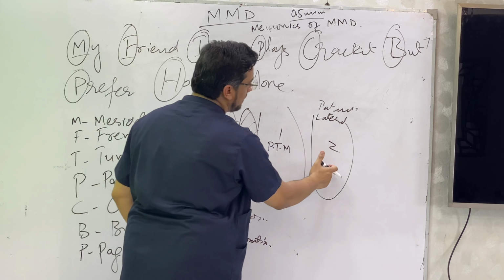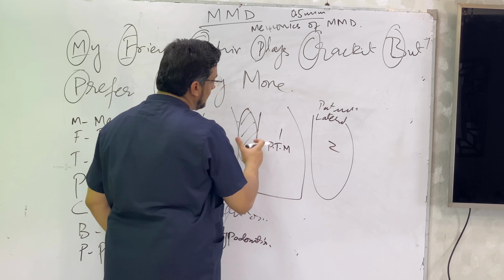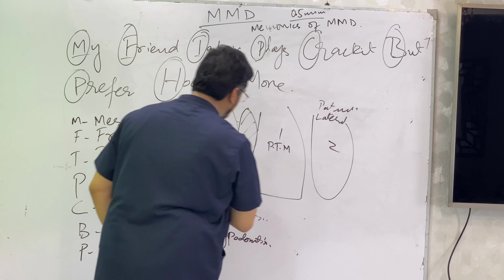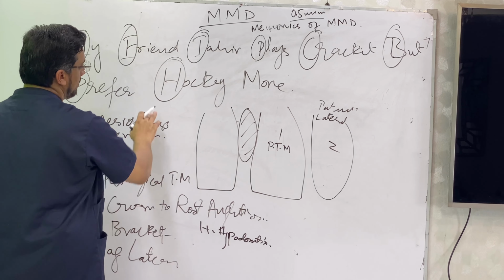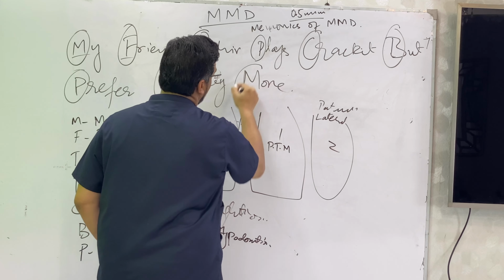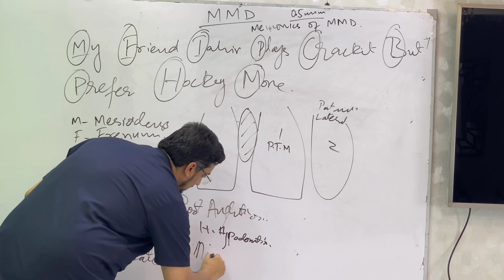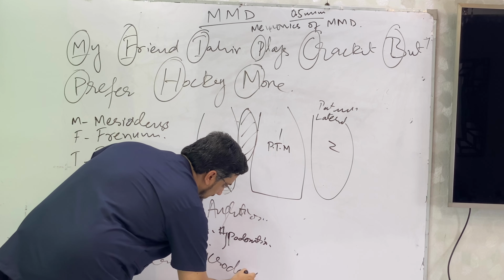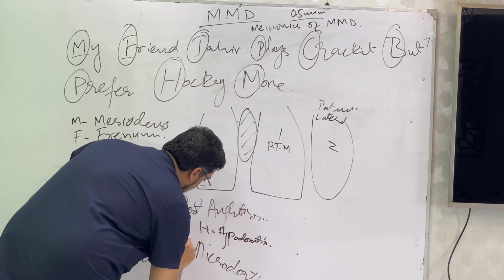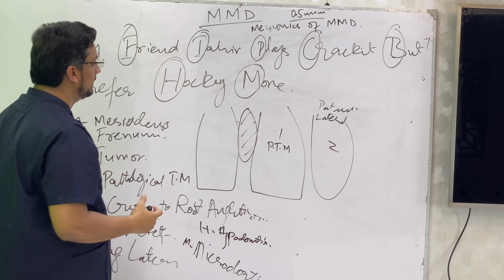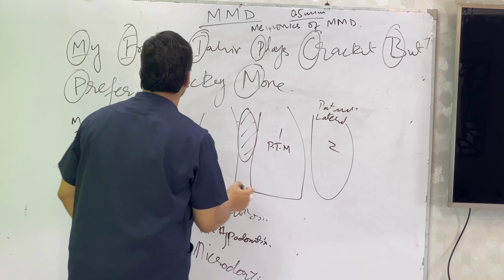If the lateral incisor is congenitally missing, obviously the central incisor moves into this place and you would have a gap between the central incisors. So H stands for hypodontia and M stands for microdontia. If there is a generalized small size of the arch, then you would have a gap between the central incisors.